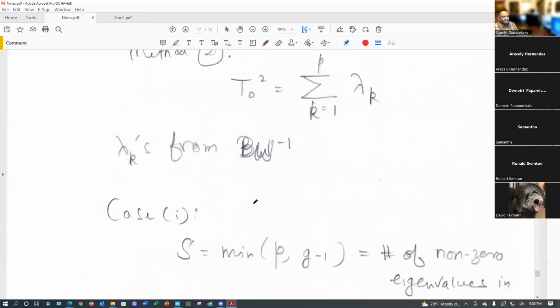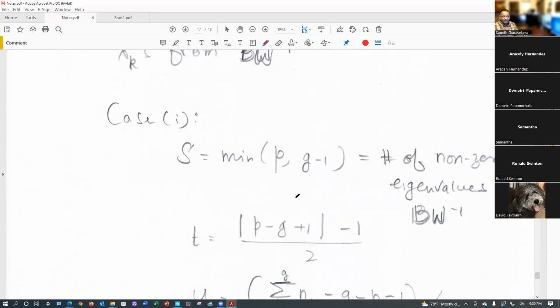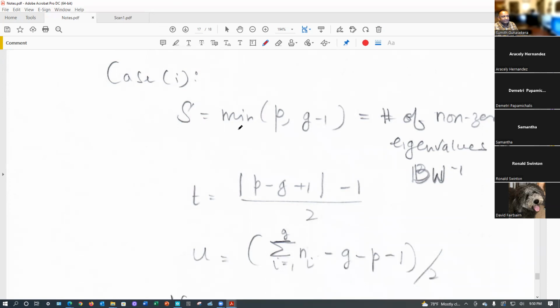Now this one is not enough. Once you get this one, I want this one converted into F. That's the F value that you're going to see displayed over there. See, so S is the minimum of these two, P and G minus 1, the number of non-zero eigenvalues in this one. Okay, same thing.